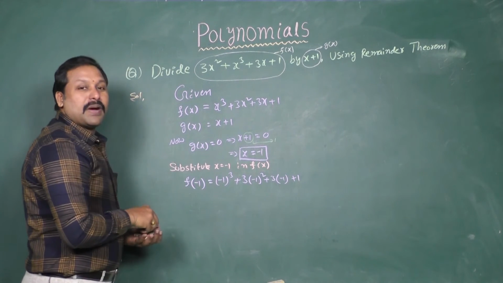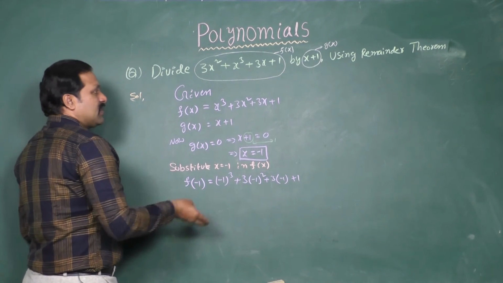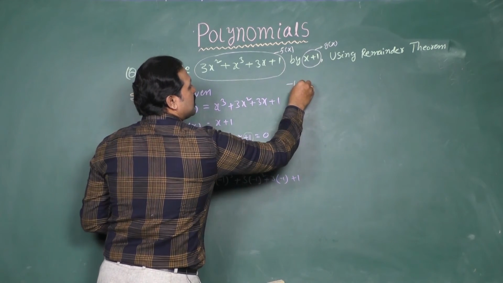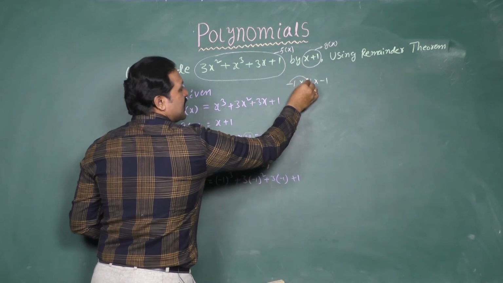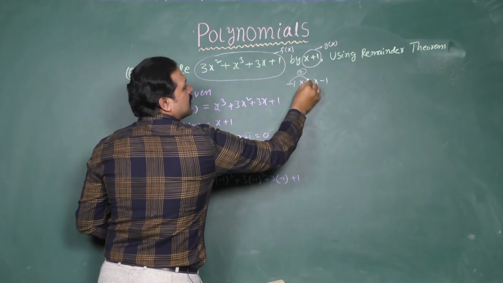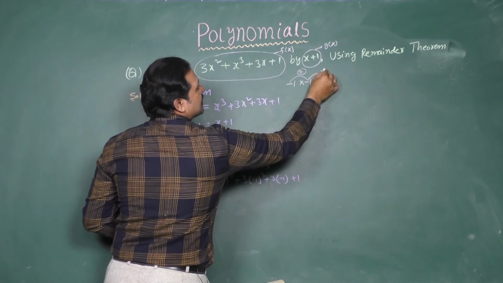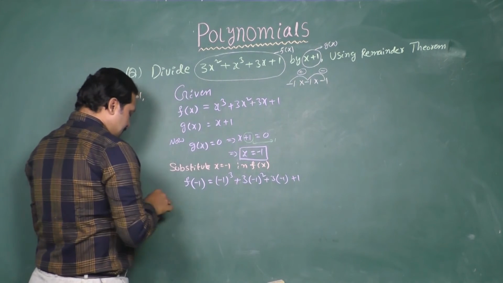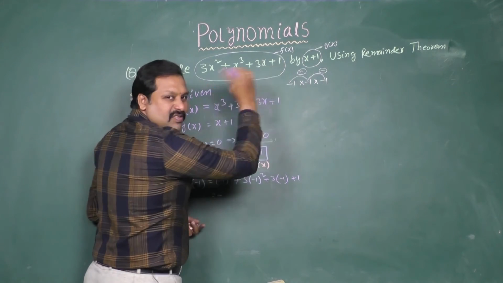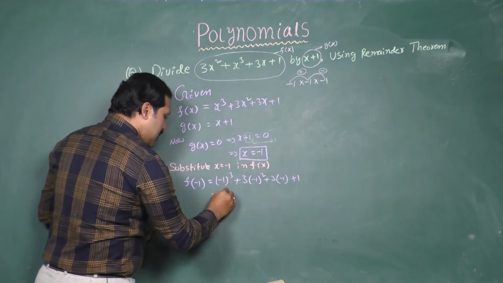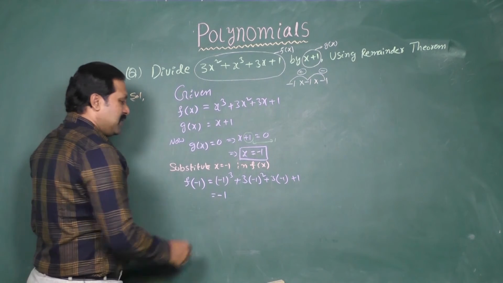Now here minus 1 whole cube means minus 1 into minus 1 into minus 1. Minus into minus is plus, plus into minus is minus. So the final result is minus 1.